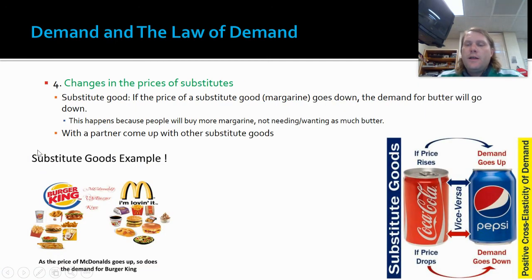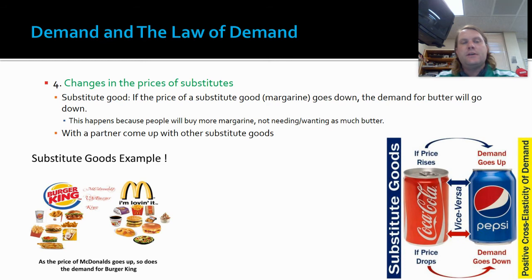Substitutes is an easy concept to understand, but sometimes a difficult one to wrap your head around. For example, let's use McDonald's versus Burger King as substitutes. Since they're extremely similar products, if the price of McDonald's increases, I'm going to increase my demand for Burger King. I'm not going to go to McDonald's as much, it's too expensive.